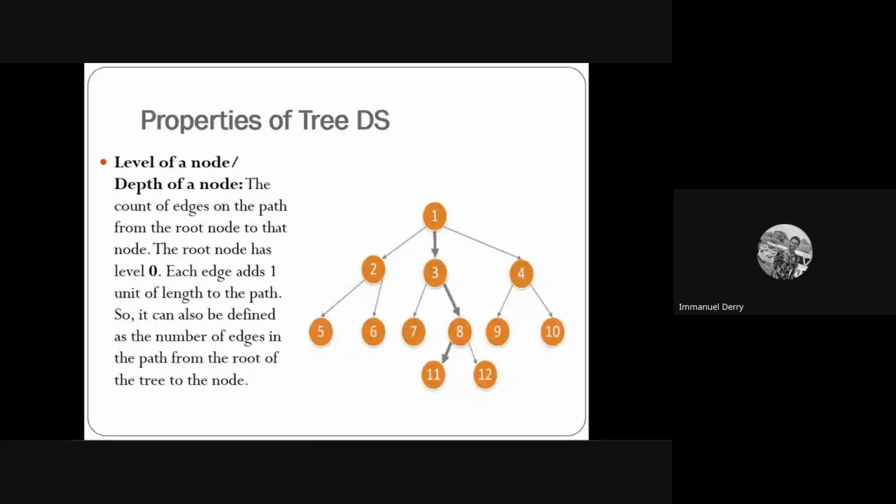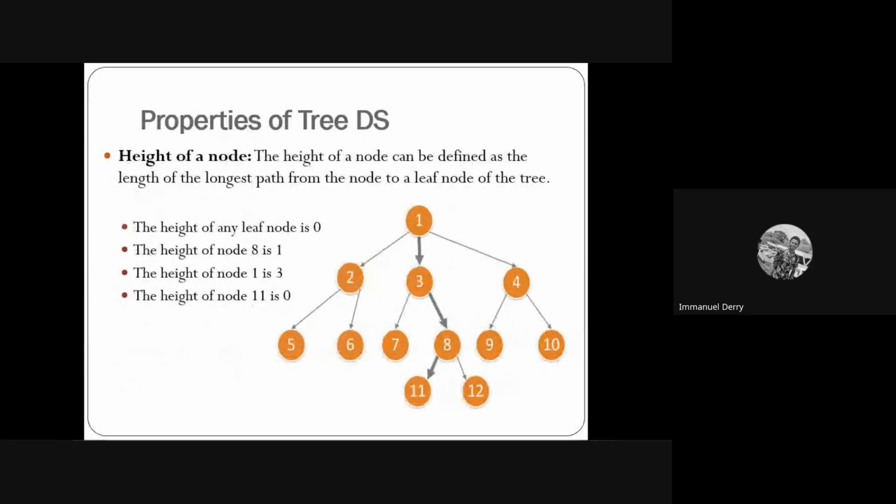So this is level 0, level 1, level 2, and level 3. But I can use the edges as well: this is 1, this is 2, and this is 3. To make it easy for you, just use the level. Is it clear now? Okay, sir. So the levels. Okay.